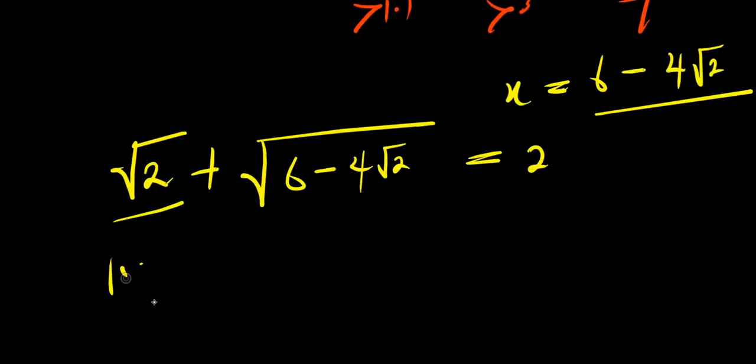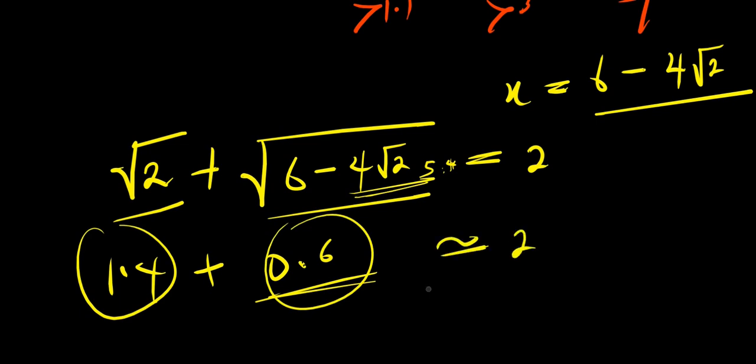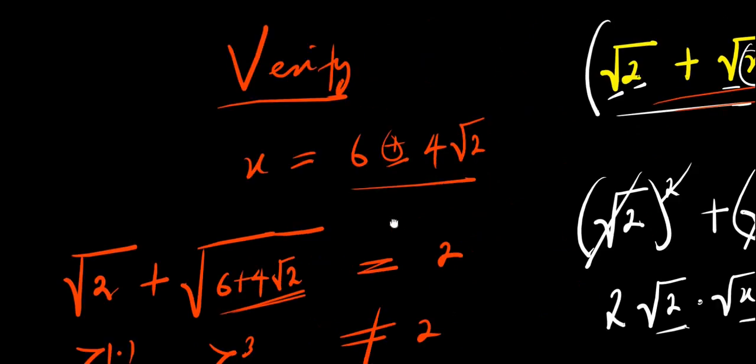This is about 1.4 plus this is about 0.6, because 4 root 2 you subtract from 6, this is about 5.4 or so. You subtract it from 6, then find the square root, you have this. When you add this to this, you have an approximate value of 2. So that becomes the only valid solution.